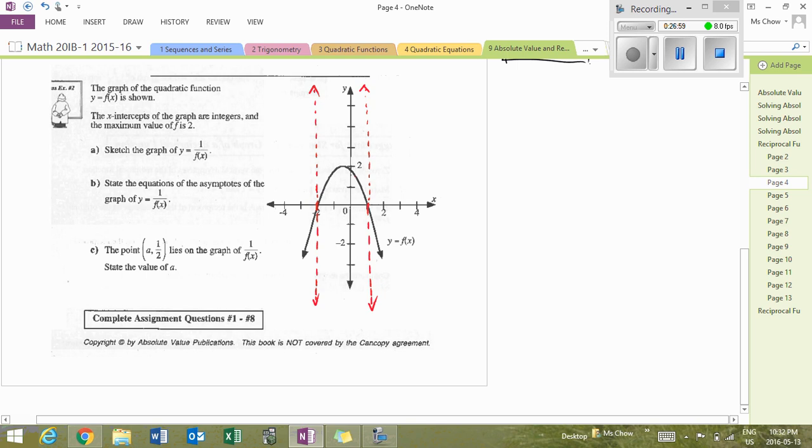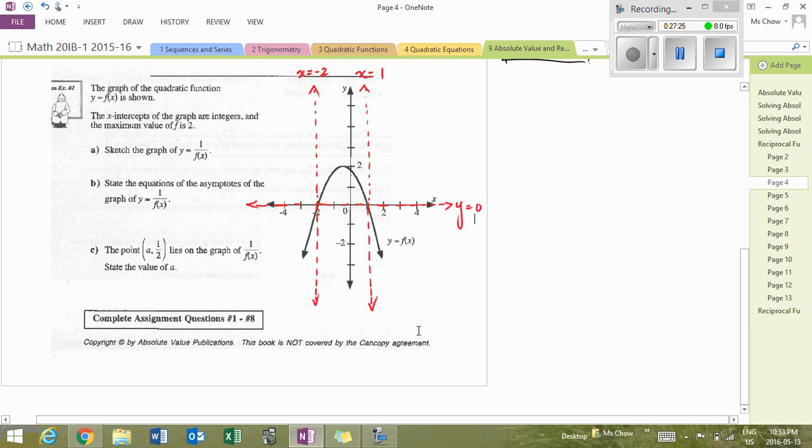Okay, so we've got x is equal to -2 and x is equal to 1 as our vertical asymptotes. Our horizontal asymptote, once yet again, is at y is equal to 0, the x-axis.